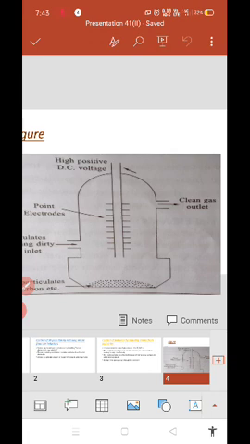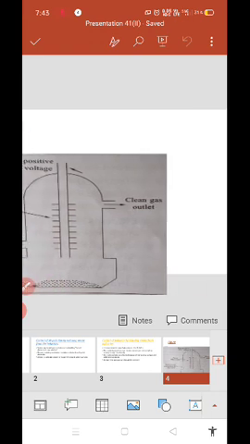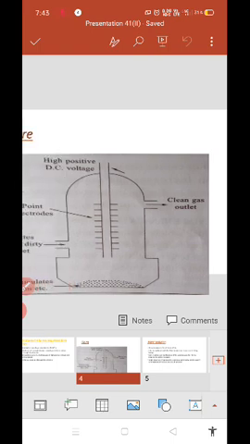This is the electrostatic precipitator. These are very important methods to control or minimize air pollution.